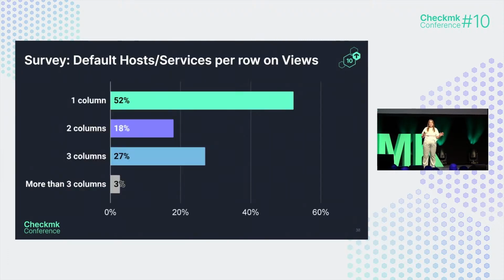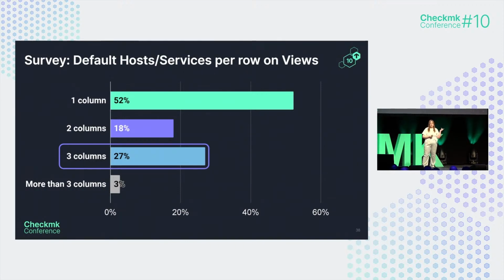You know, I love running surveys. Within the last year, we ran over 15 surveys. And one of them included a question about how many hosts or services you typically display per row in views. Sounds a little bit complicated. The default of this is 3. So 3 hosts or services are next to each other.